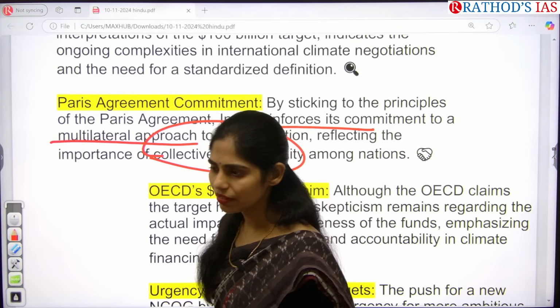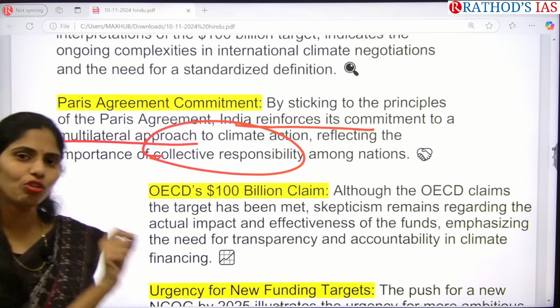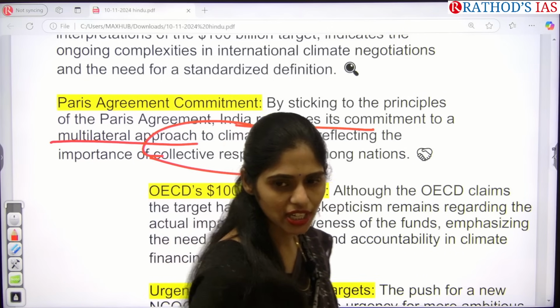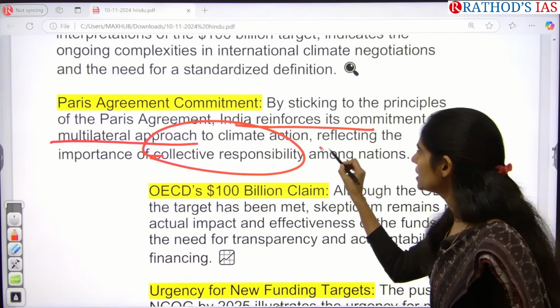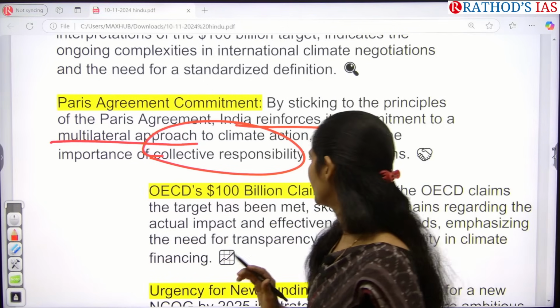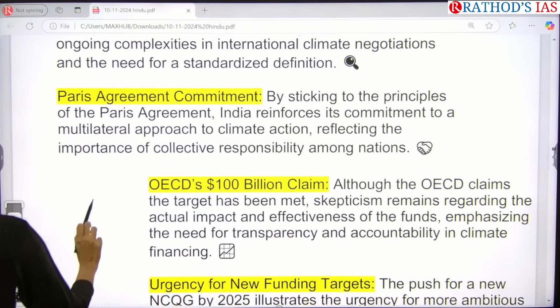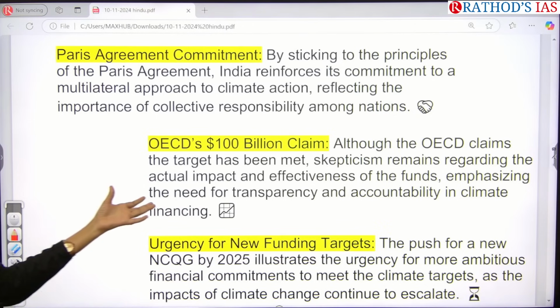But whenever Trump came into power in the first phase, he didn't focus on climate change adaptation. He didn't provide any fund. So because of this, India is now saying that we need collective responsibility regarding climate finance.